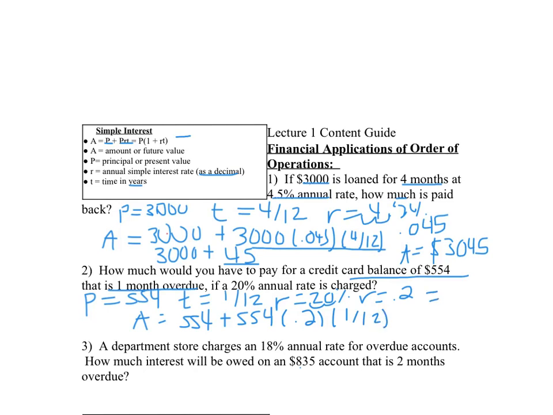And this ends up being 554 plus 9.23. So 9.23 is our interest. So the total will be $563.23.